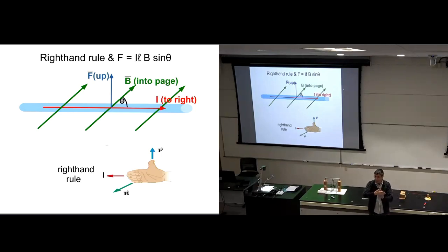We're going to take the palm of our right hand, point it in the direction of the current rather than the velocity. We're going to curl our fingers in the direction of the field. They're into the screen. My thumb is pointing upwards. That's the direction of the force on that conventional current. And so just the same application, but changing the language of velocity to current.